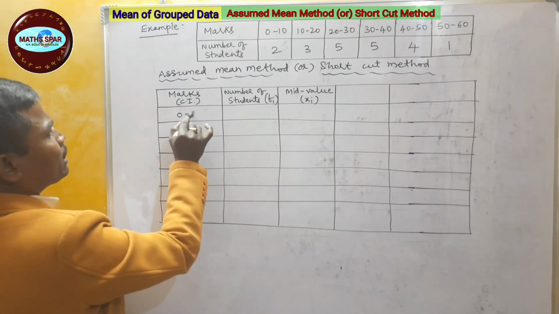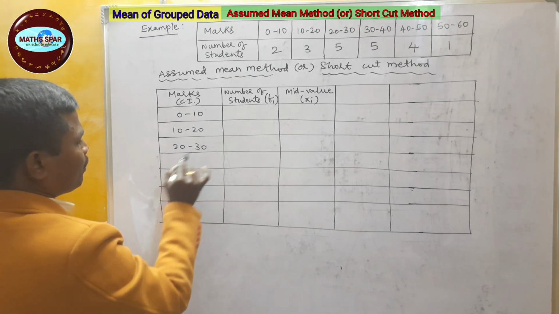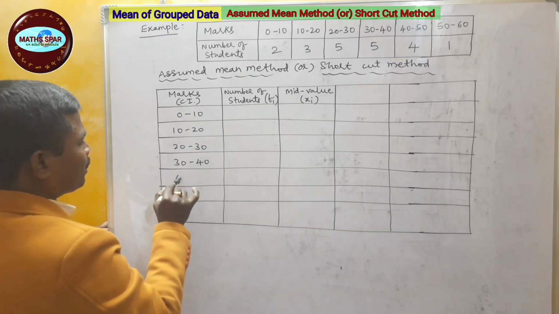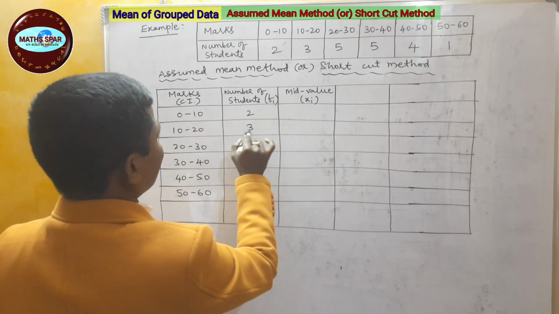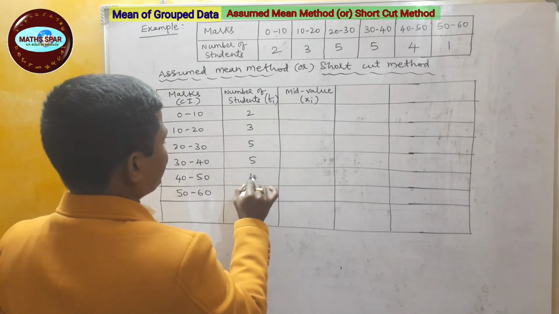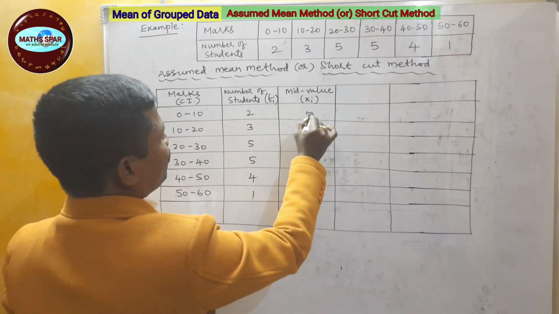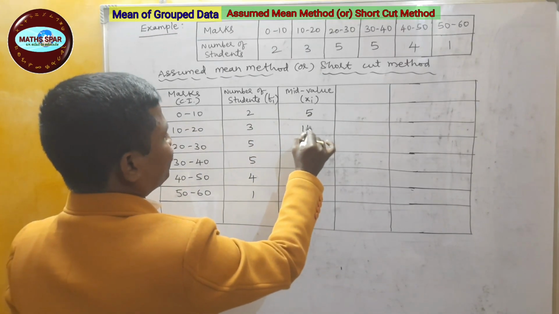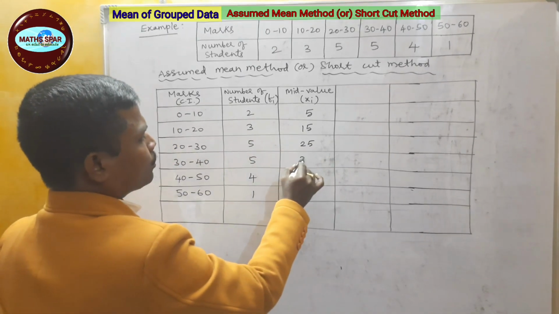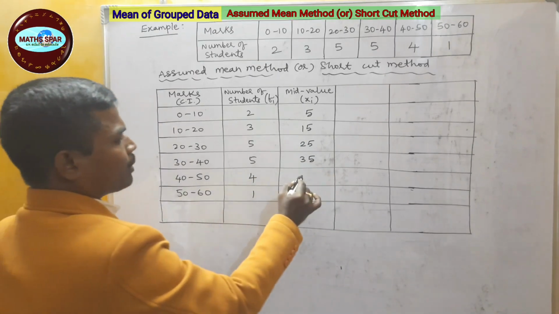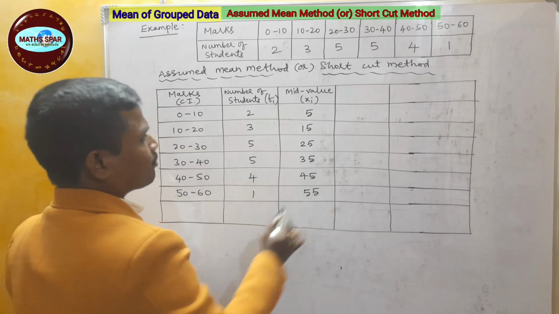Now let us enter the given details in the frequency distribution. Then after entering the details of the frequency distribution, let us find the mid value. 0 plus 10 by 2, 5, 10 plus 20 by 2, 15, 20 plus 30 by 2, 25, 30 plus 40 by 2, 35, 40 plus 50 by 2, 45, 50 plus 60 by 2, 55.